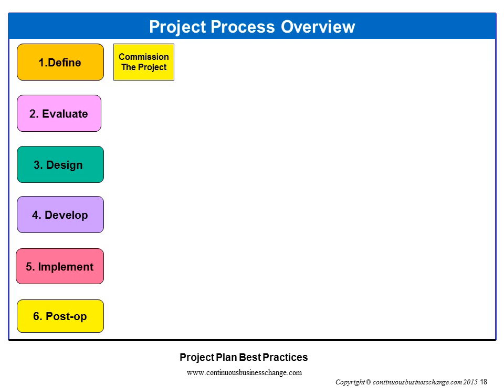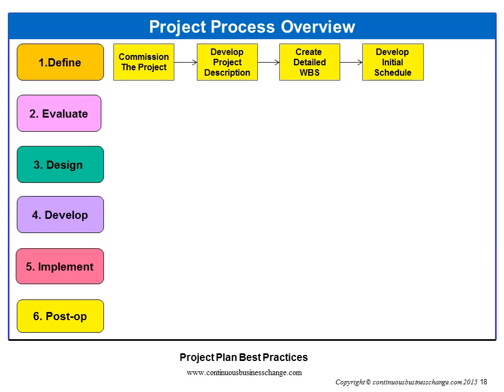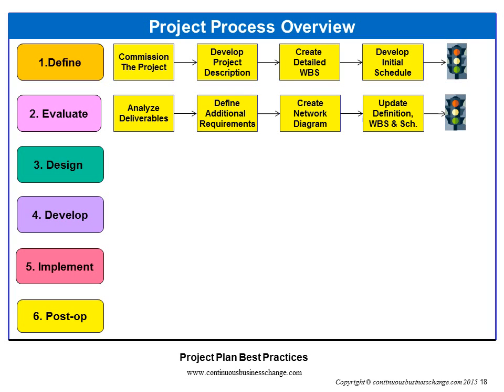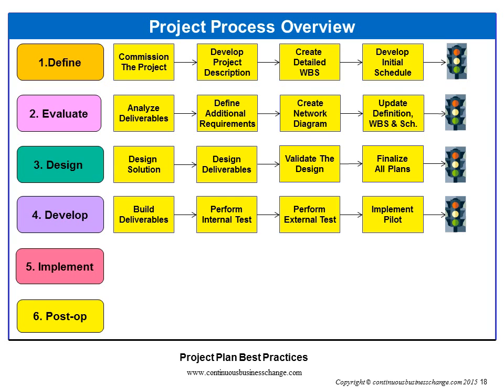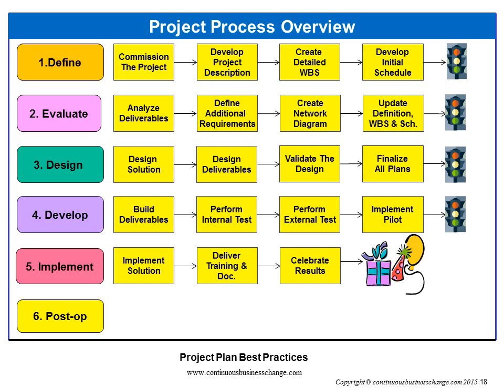Definition phase, commission the project. Develop the project description. Create the work breakdown structure, or WBS. Develop the initial schedule. Gain approval to go to the next phase. Evaluation phase, design phase, development phase, implementation phase, and post-op.